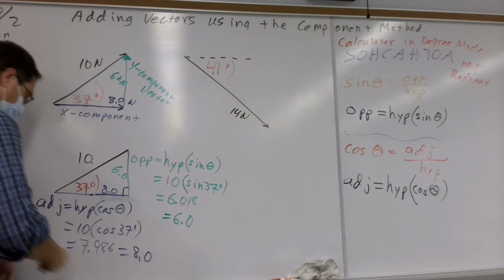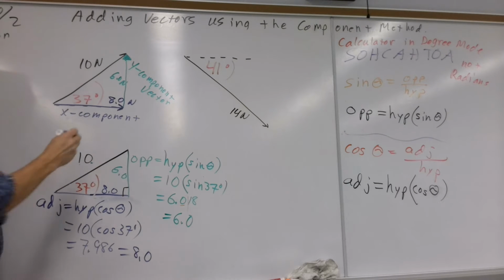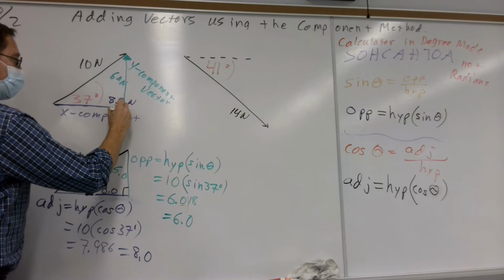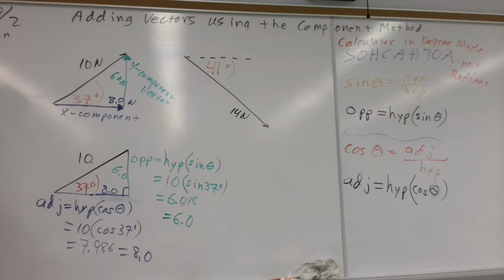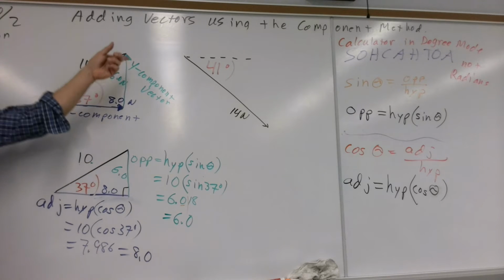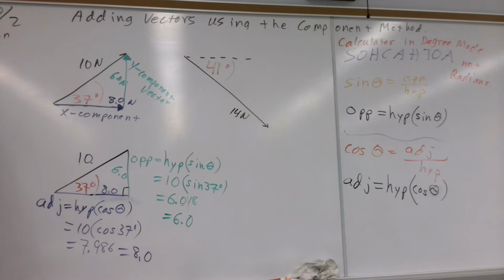Now, are we good? Everything clear so far? All right. So here's the deal. How are the green and the blue vectors connected right now? Are they connected head to tail? And by the way, they'll always be perpendicular because one's horizontal, one's vertical, right?